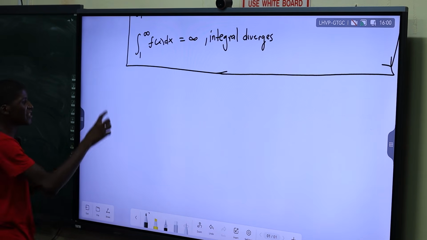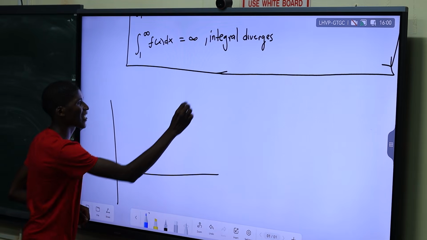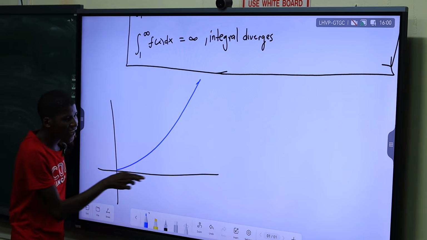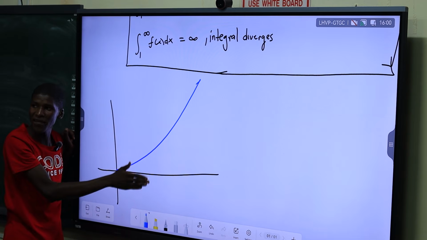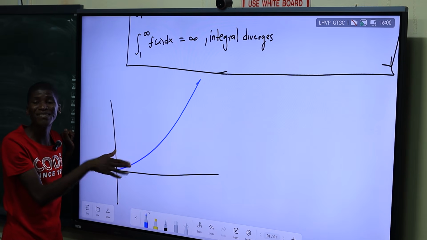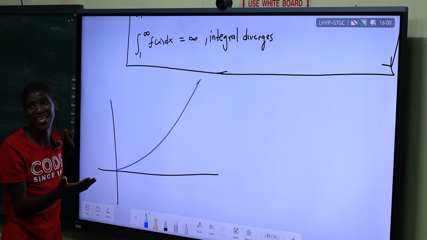Imagine you have a single variable function f of x that is increasing. It means as x goes to infinity, the area under the curve keeps on becoming bigger and bigger. So the integral is becoming bigger uncontrollably. So it's a divergent integral.